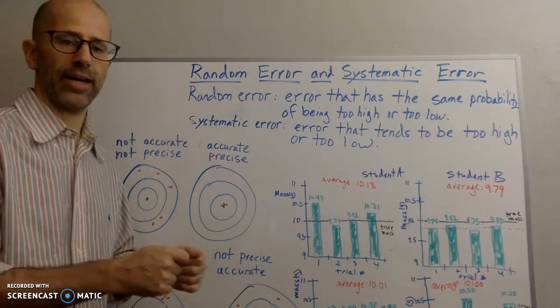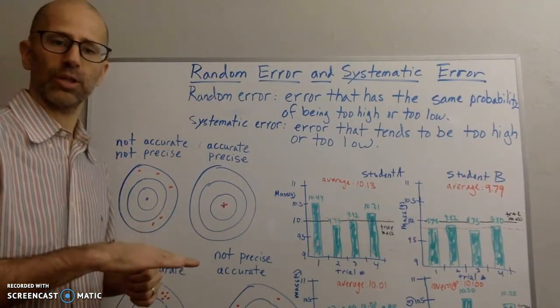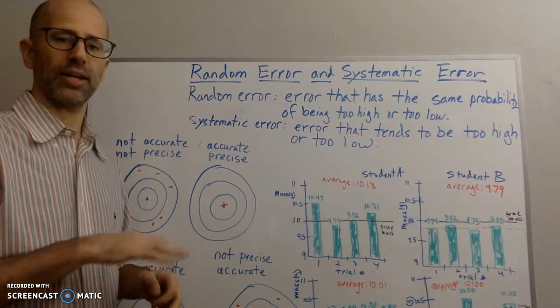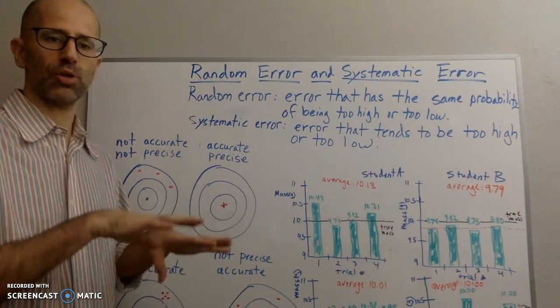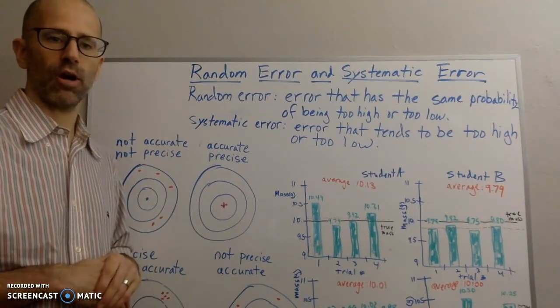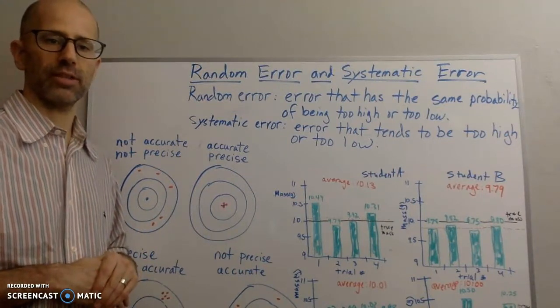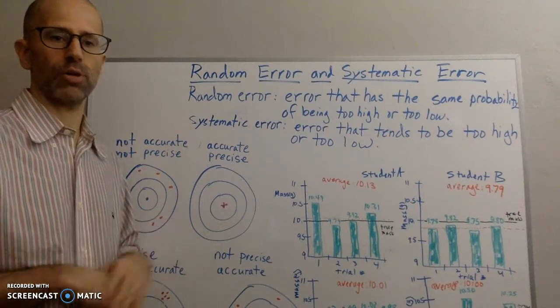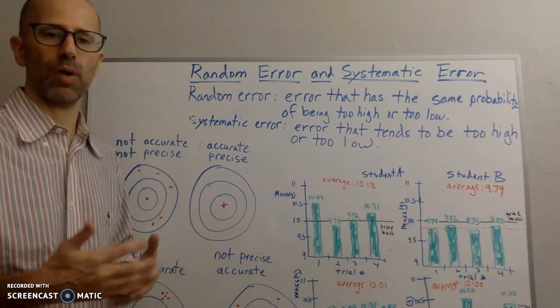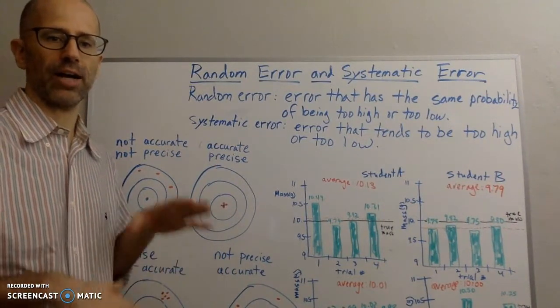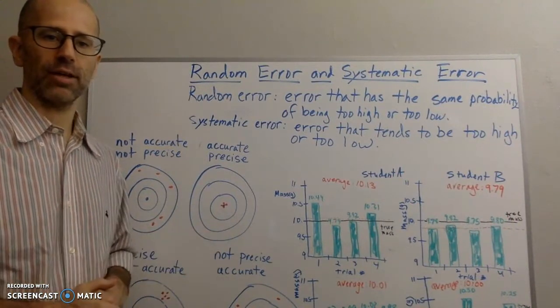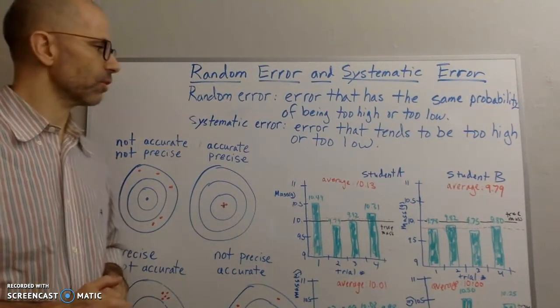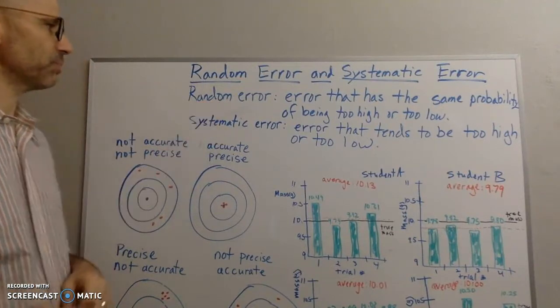You might weigh it again and it's a little bit lower, and then you weigh it again and it's higher. That fluctuation in your measurements, being too high and too low, that's what we call the random error. So it's an equal probability that it's going to be high or low at any given moment when you're measuring. Okay, so that's random error.